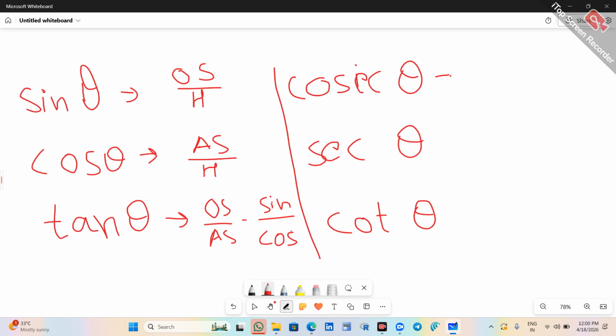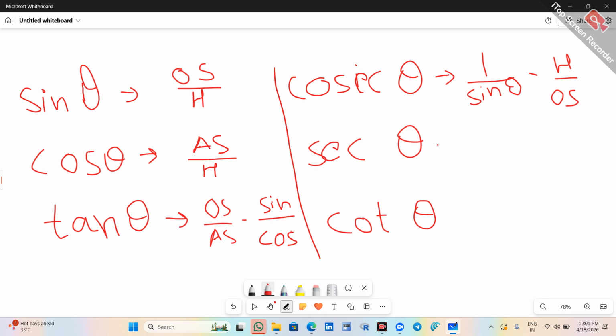Now coming to the other three trigonometric ratios. Cosecant theta is nothing but the inverse of sin theta, which means hypotenuse over opposite side.